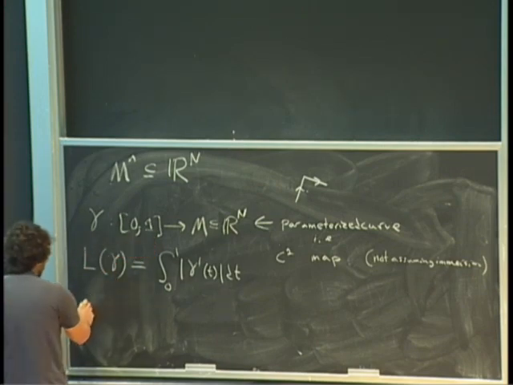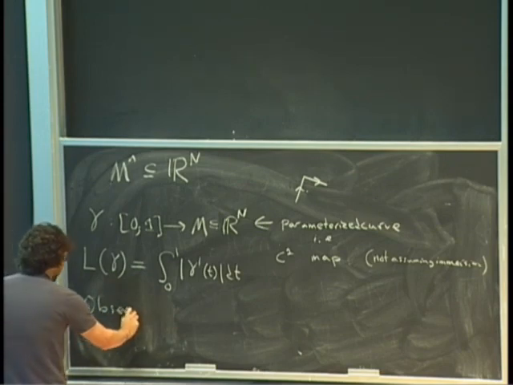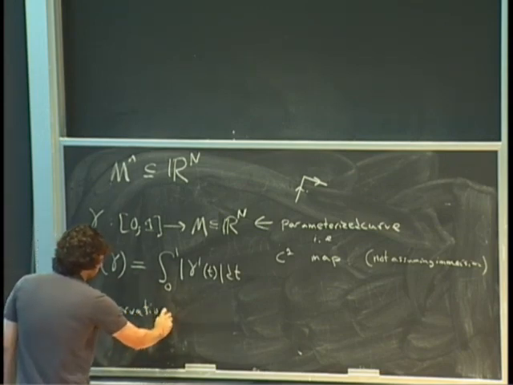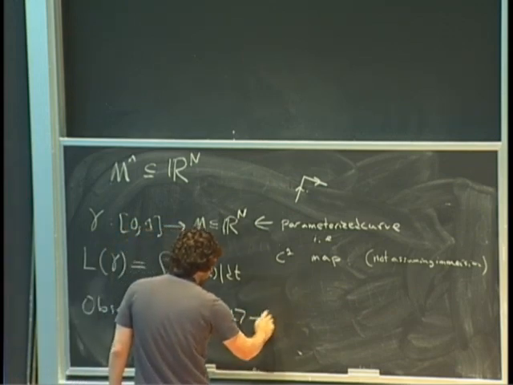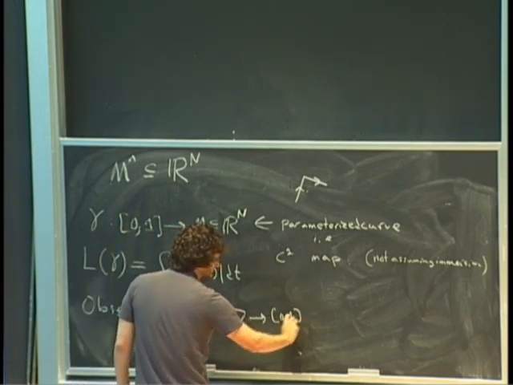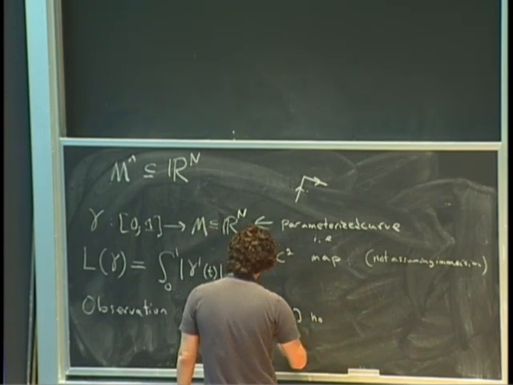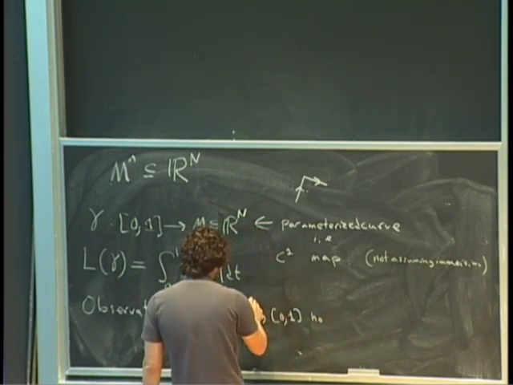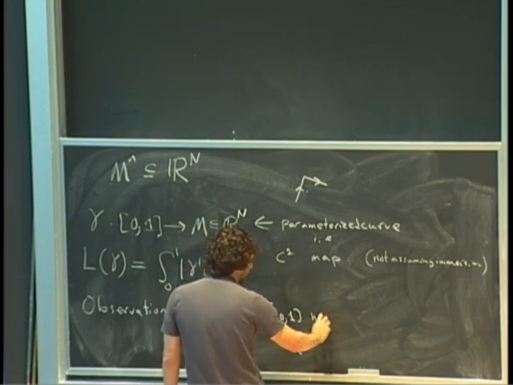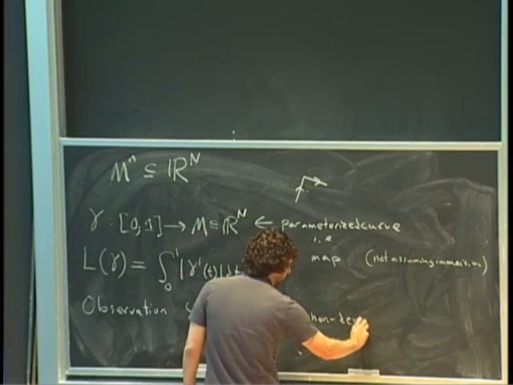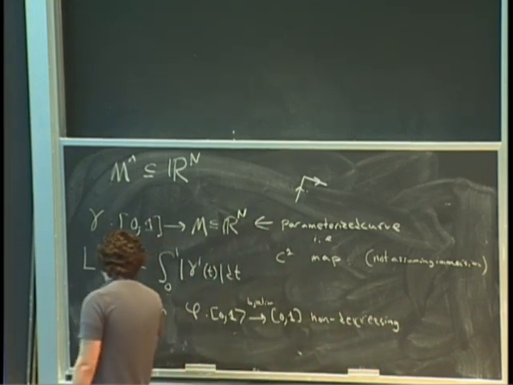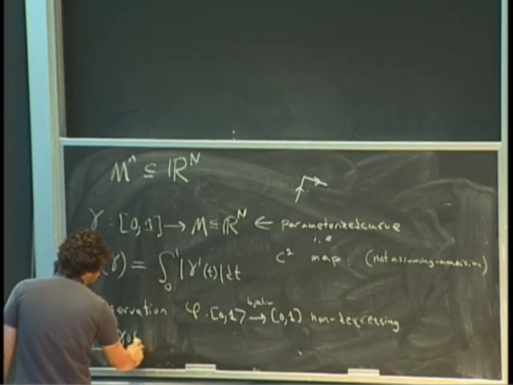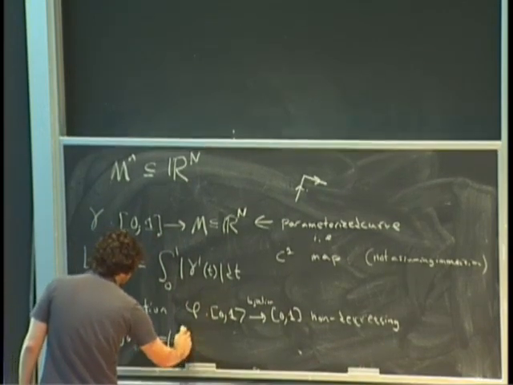So the observation is that if you take a phi, which is just a map from [0,1] to [0,1], say it's a bijection that's also non-decreasing, then the length of the reparametrized curve is the same as the original curve.